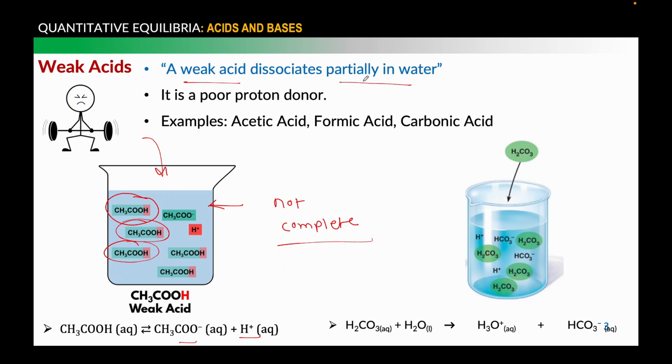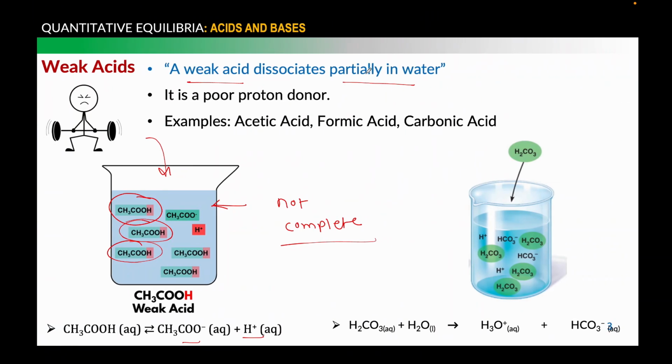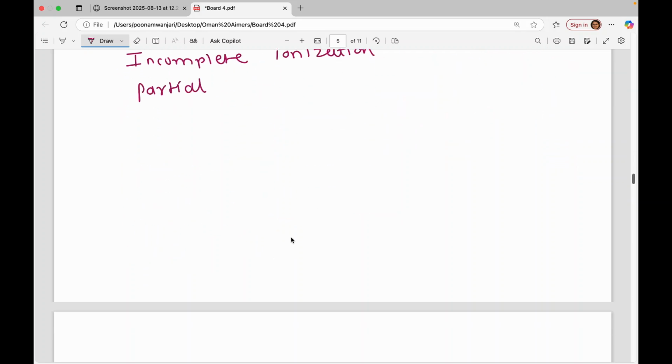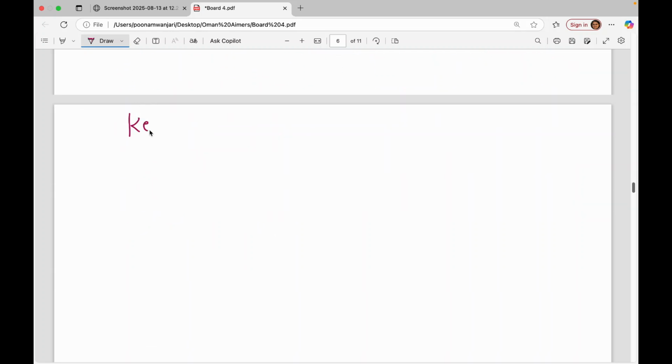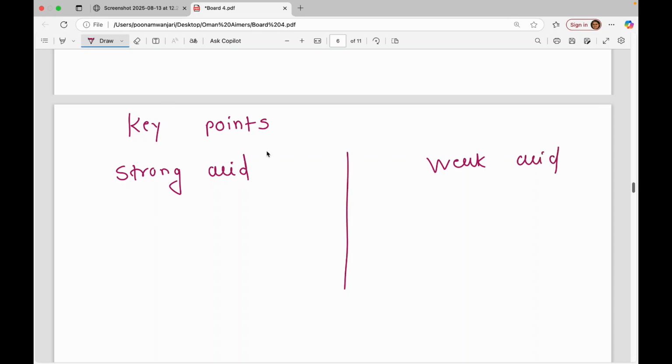So this is about strong acid and weak acid, students. Now here we have some key points to discuss: strong acid and weak acid. The strength of acid mainly depends upon how it ionizes, or how it separates into its ions.